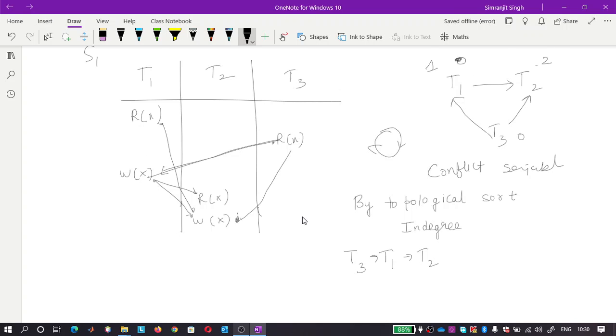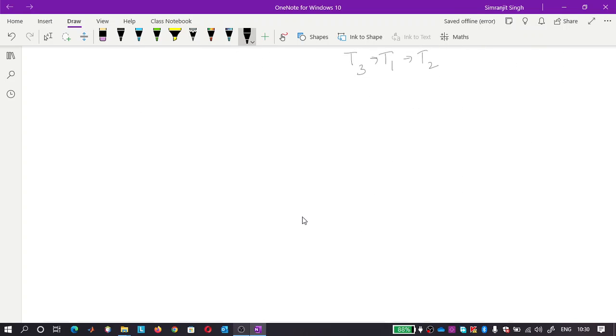Just for more practice, try to solve this question also. It's a very good question. We'll try to do lots and lots of practice, because these questions demand more practice.